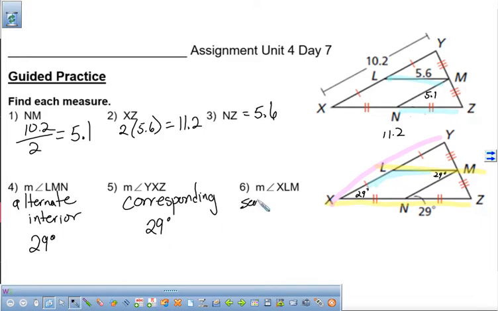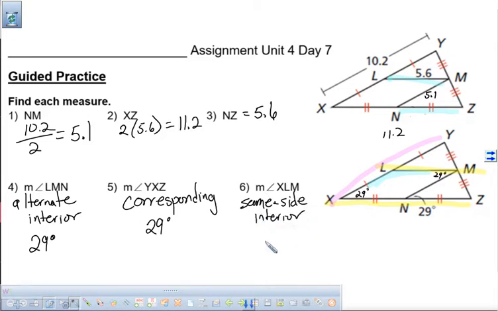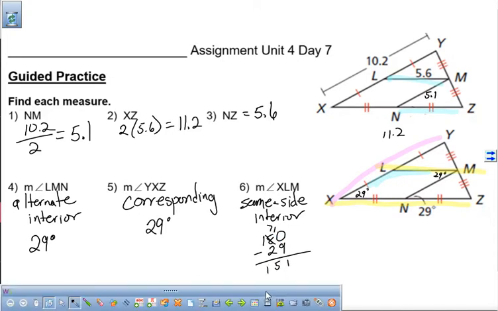They're same side interior angles. And how would we find what the measure of angle XLM equals? Subtract 29 from 180. And we get 151 degrees.